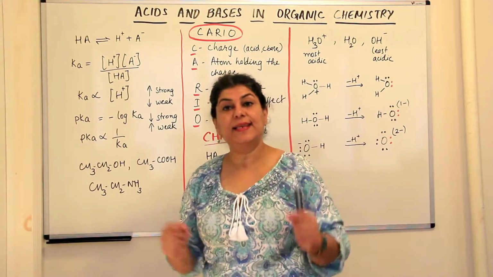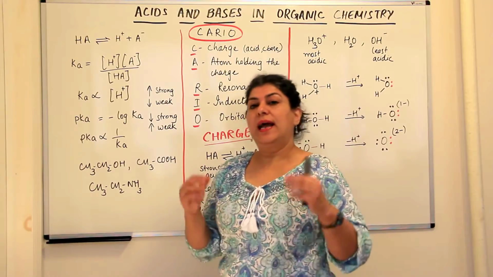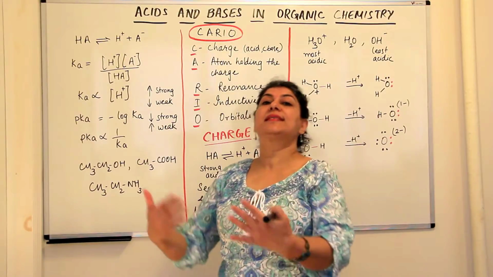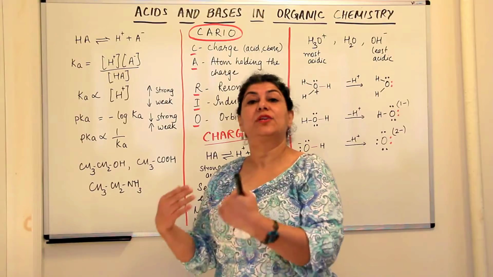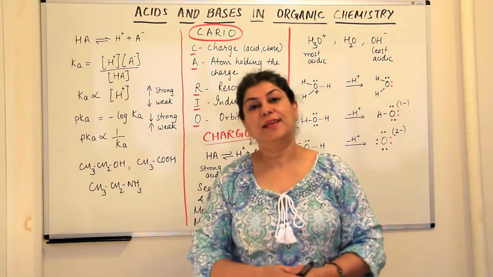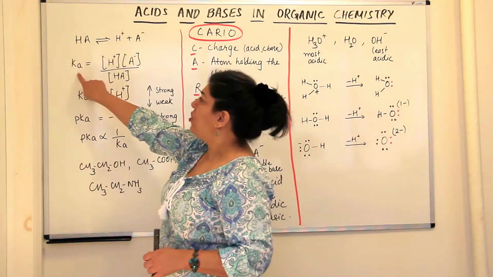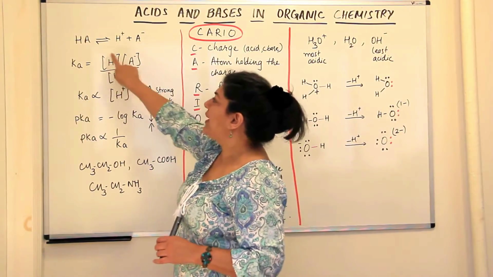Since the acidic character actually depends on the H positive ions, an acid would be a strong acid if it loses H positive ions easily, or the more H positive ions that it loses, the stronger is the acid. So basically, the acid strength does not depend on all of this. It actually depends only on the H positive.